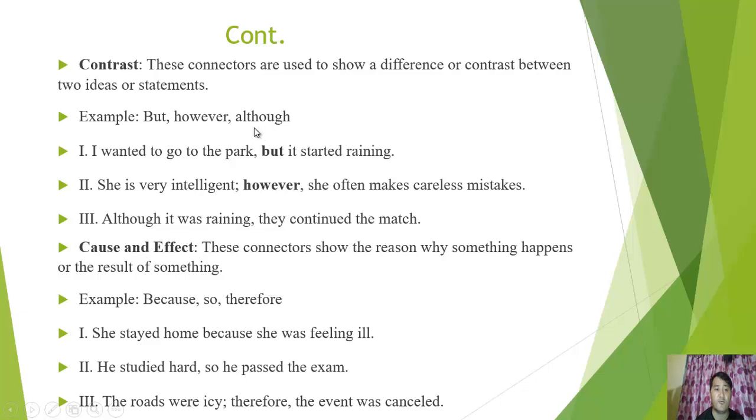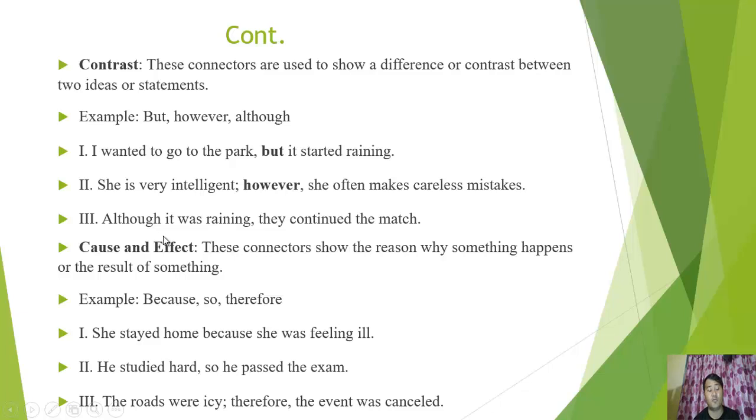Although is also an example of contrast, and let us see how it is used in a sentence. Although it was raining, so this is one idea. They continued the match. So with this although correctly put in place, it makes a complete or full-fledged sentence, right? So this is how contrast helps to build the complete sentence.